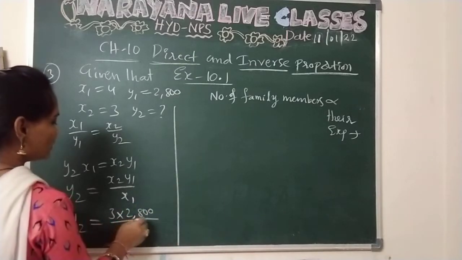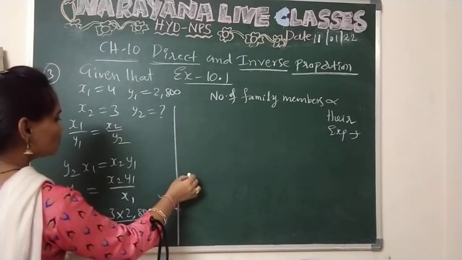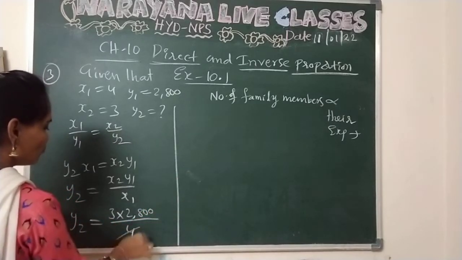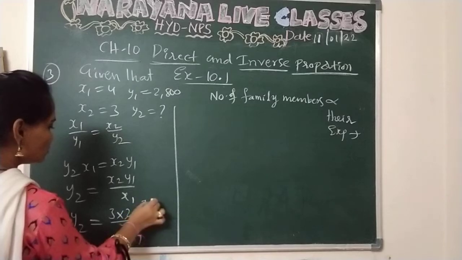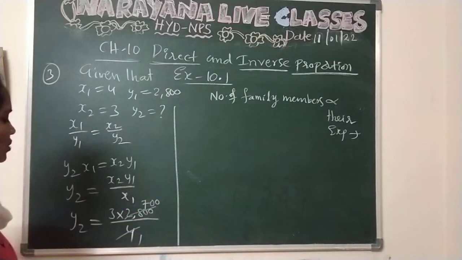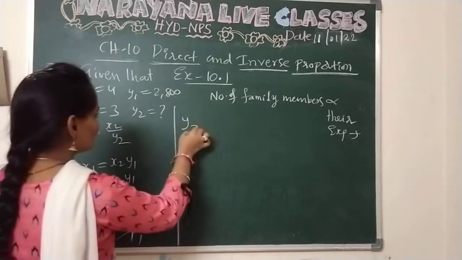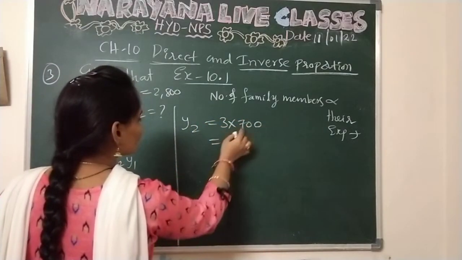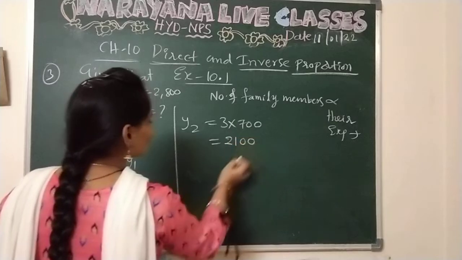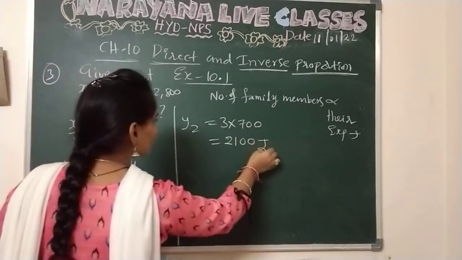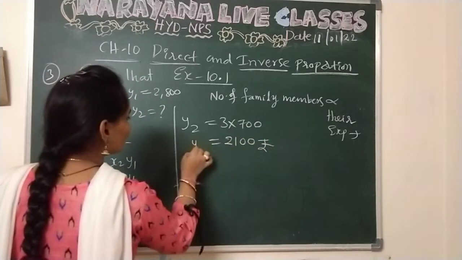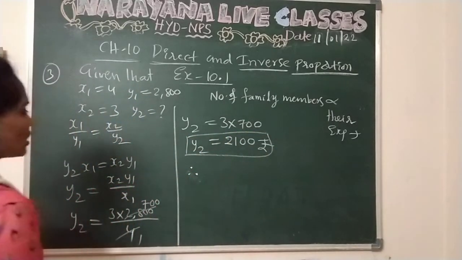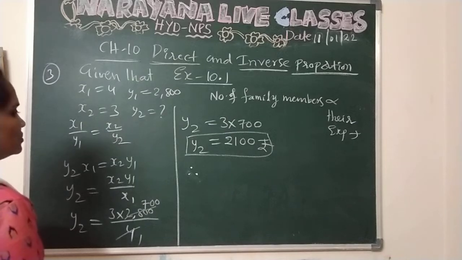Suppose here 2800 is there, check the 7 table once. 7 4s are 28. Remaining 2 zeros as it is you can write. Now y2 is equal to 3 into 700. 3 7s are 21, so 2100 rupees.